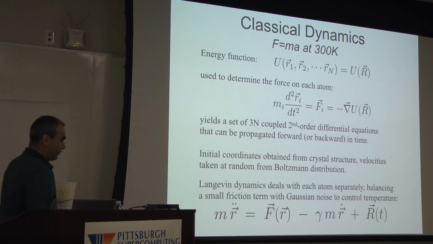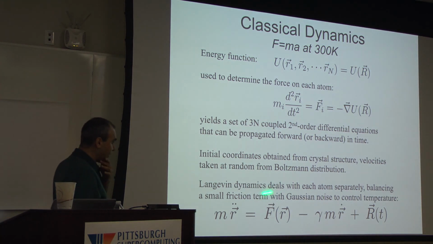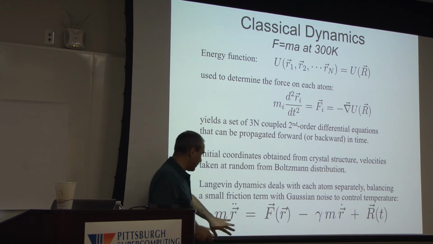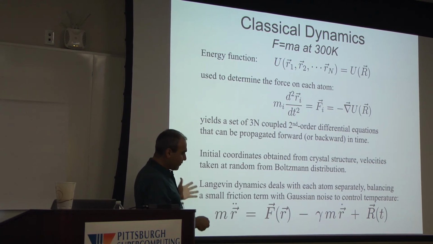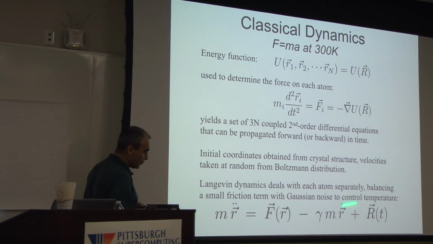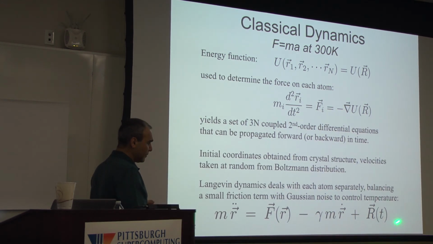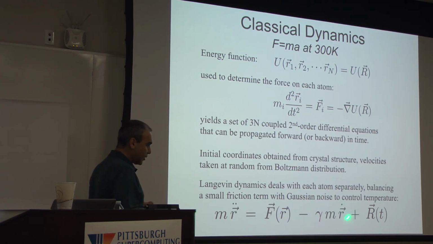So then, very often, we do Langevin dynamics. So far we talked about this part: we calculate the force that gives us the velocity, the acceleration. But in Langevin dynamics, in addition to the force coming from your force field, there are two additional terms. One of them is a noise term, and the other one is coming from friction of the system.